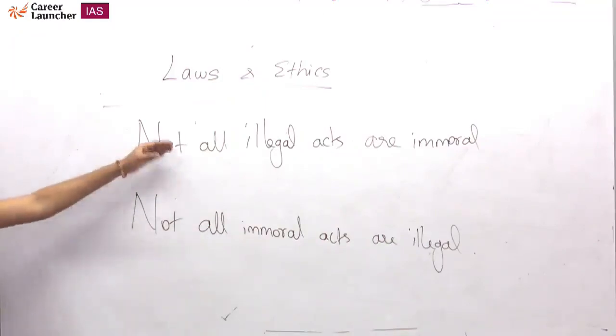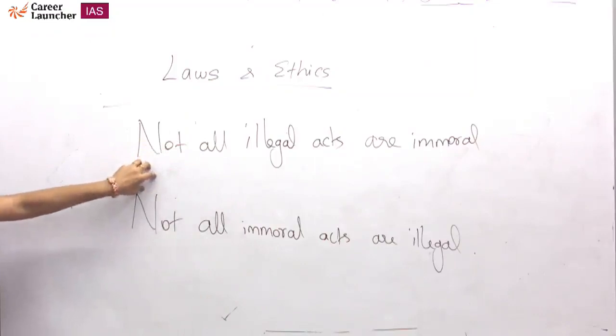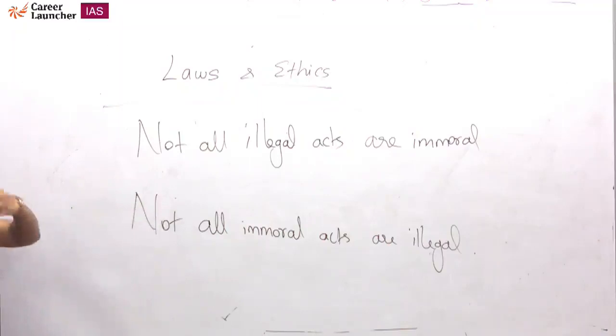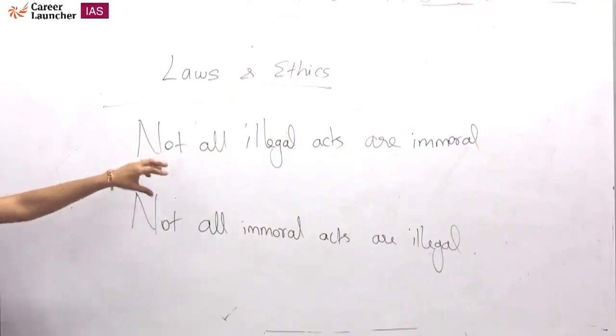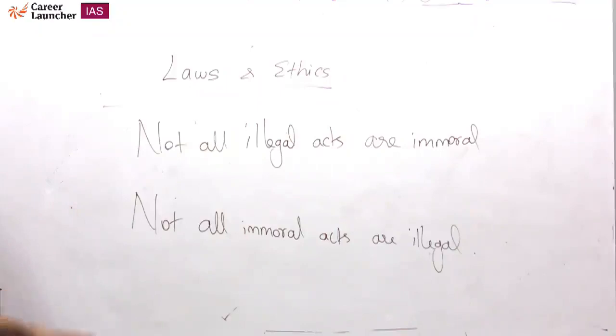What is the meaning? Not all illegal acts are immoral. It means that acts which are illegal, that is, prohibited according to law, we can't say all of them are immoral acts. We can't assess the act based on morality. For example, you are traveling by bike.